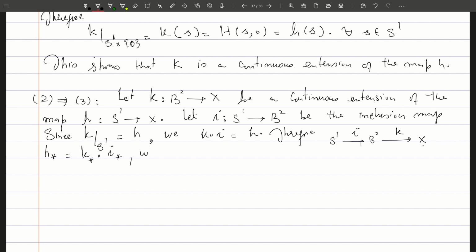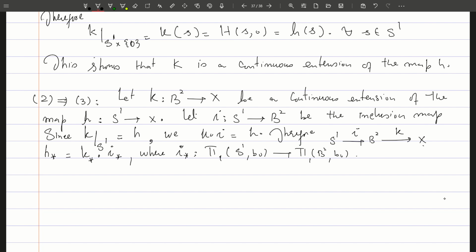where I star is the induced homomorphism from the fundamental group of S1 based at B naught to the fundamental group of B2 based at B naught. But the fundamental group of S1 is the group of integers, and that of B2 is the trivial group because B2 is simply connected.